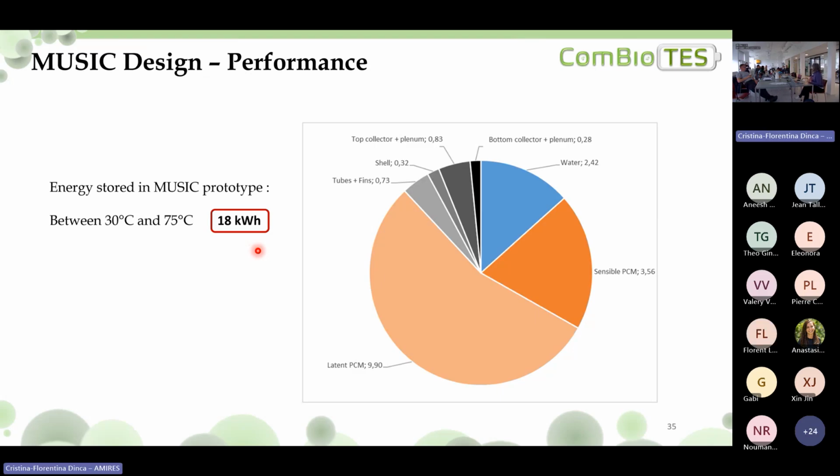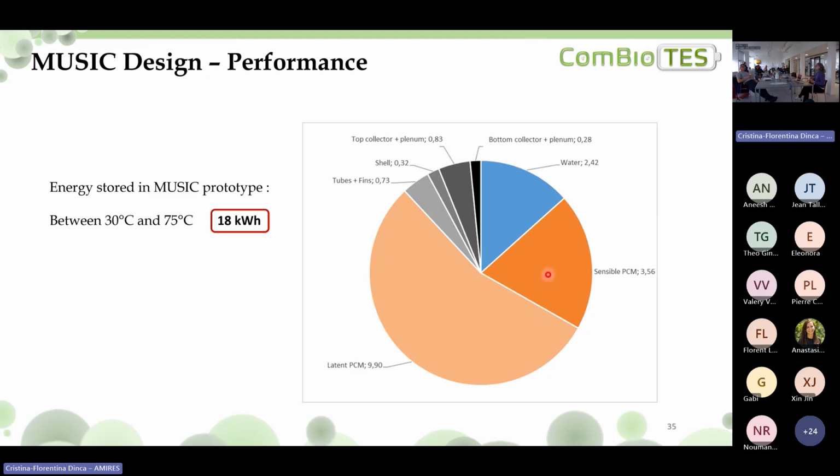Can you ask questions? Yes. Okay, so the sensible part, is that all the stainless steel and so on? The dark one, yes, the gray one, the brown one, yes, this is stainless steel. How about the sensible PCM that is 3.6? Yes, because PCM also has a specific heat. Oh, okay.